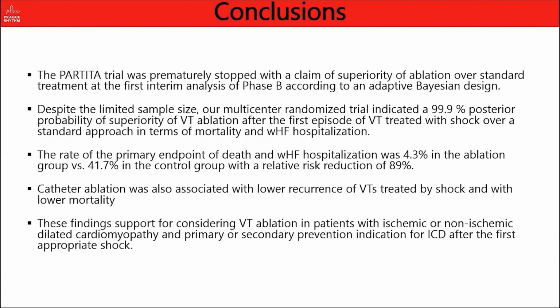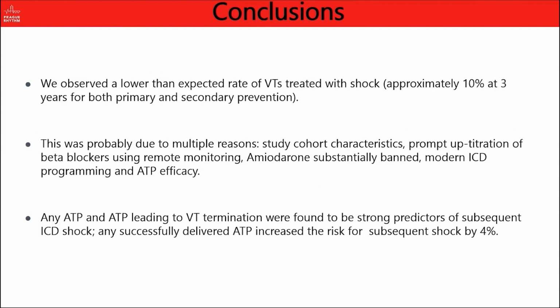Also, catheter ablation was associated with lower recurrence of VTs treated by shock and with a lower mortality. So overall, this finding supports considering ablation in patients with ischemic or non-ischemic cardiomyopathy, both in primary and secondary prevention indication for ICD after the first appropriate shock.